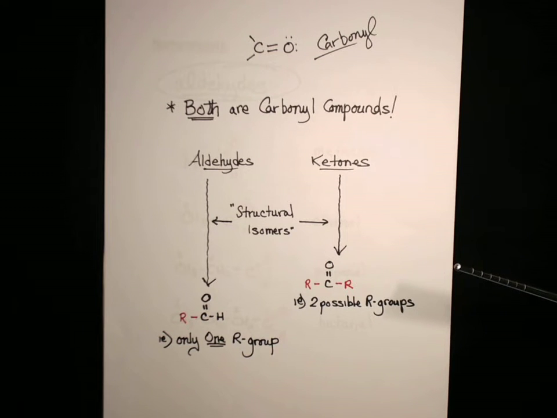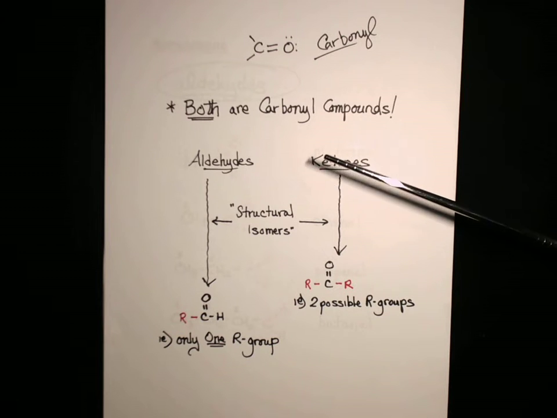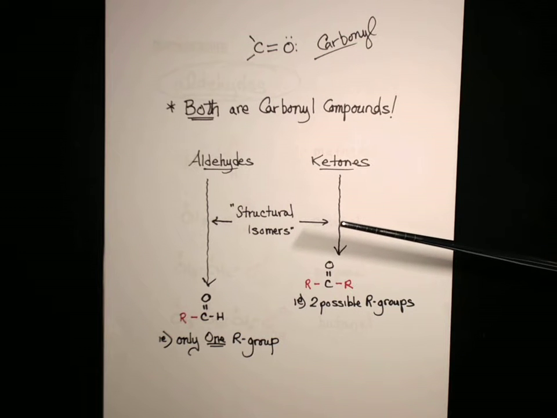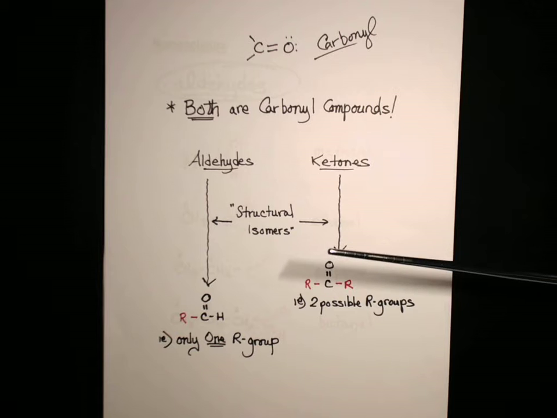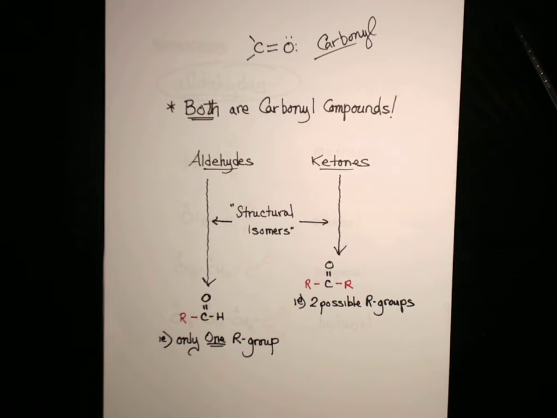Now, depending on the number of carbons involved, aldehydes and ketones may be considered structural or constitutional isomers of each other.